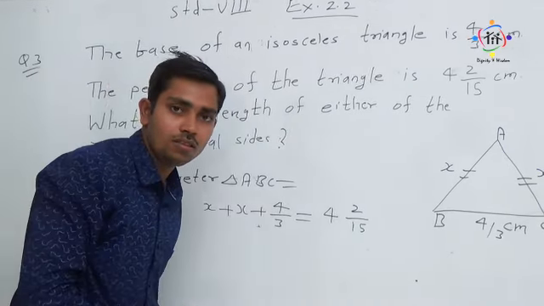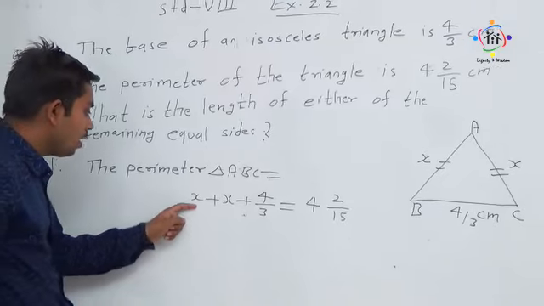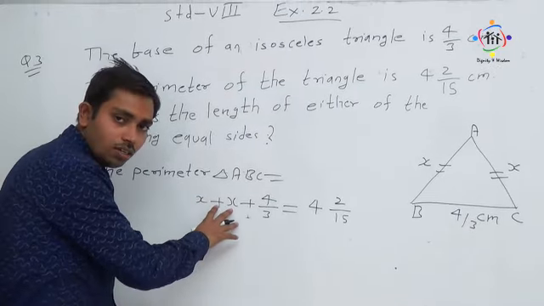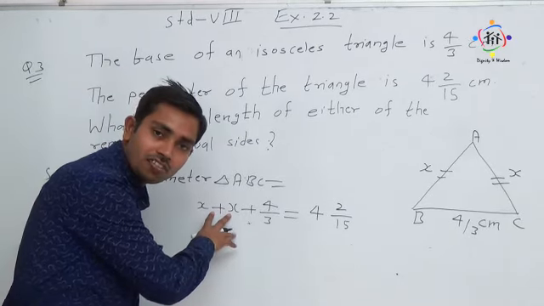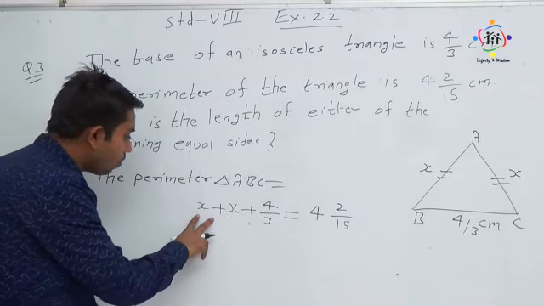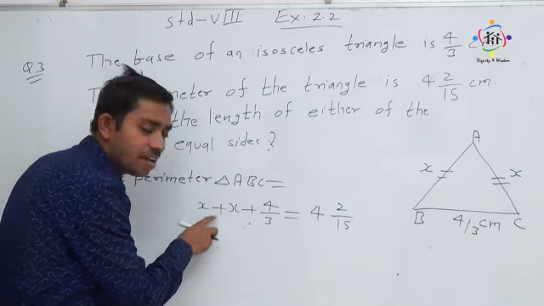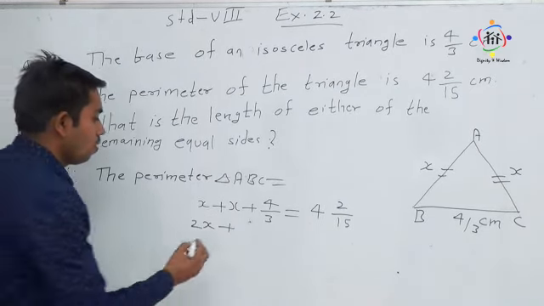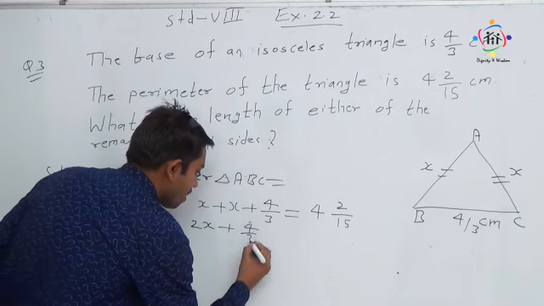Okay, my dear students, now here we can add the variables together as both are homogeneous terms. x plus x becomes 2x. 4 by 3 will be as it is.